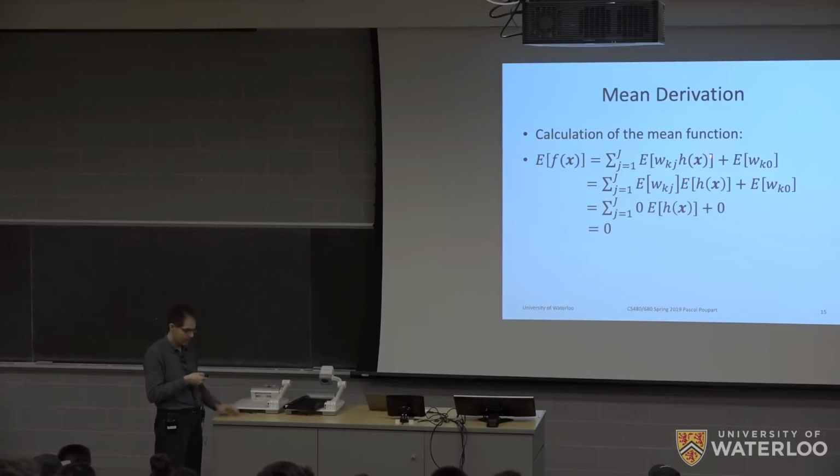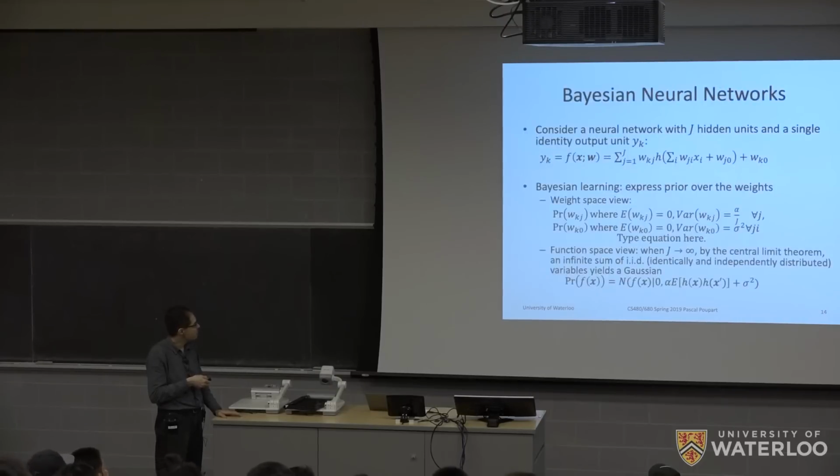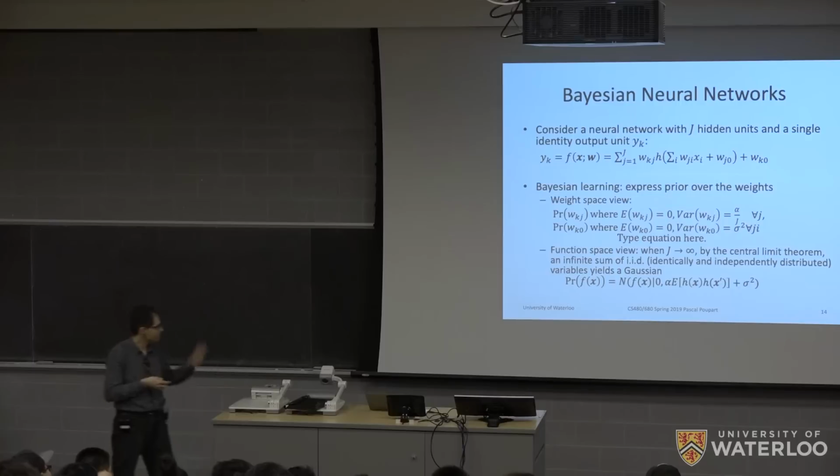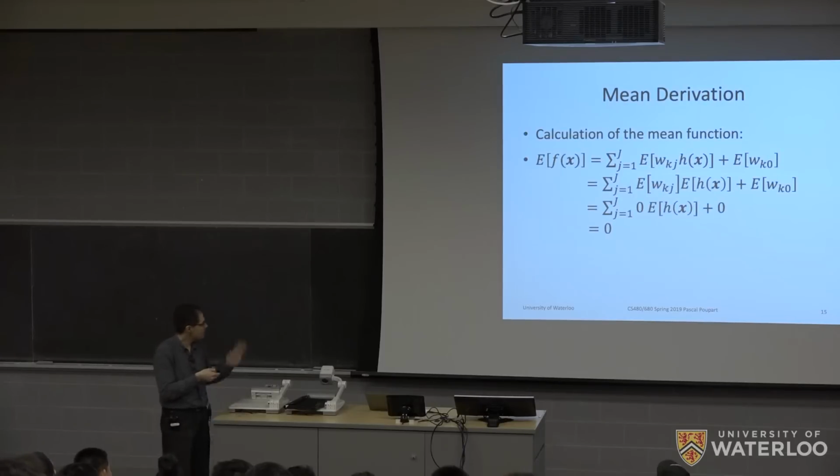So actually here, I guess I should change the notation. Strictly speaking, this is not x. This is really the sum over i of wji xi plus wj0. So I should replace that so it's not exactly x. But in any case, it's a function, h of that expression, and then plus wk0.